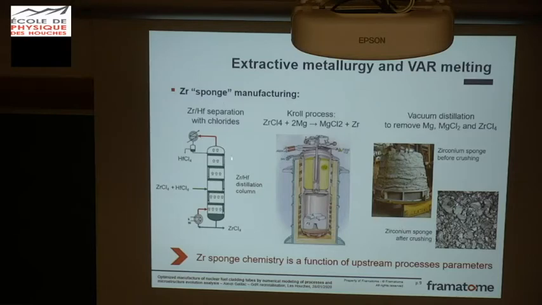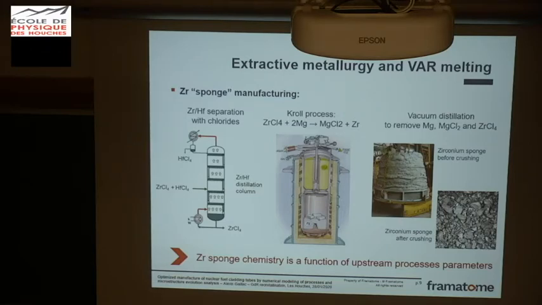Then for this, we use chloride. So at these steps we have zirconium and hafnium in the form of tetrachlorides. Then to have the metallic zirconium, we use the Kroll process. So it's the same process used for titanium sponge.